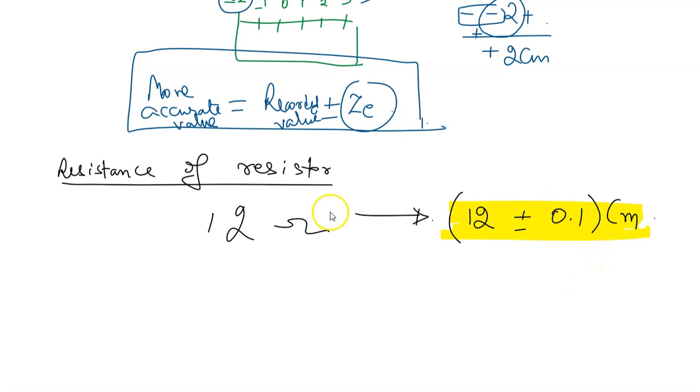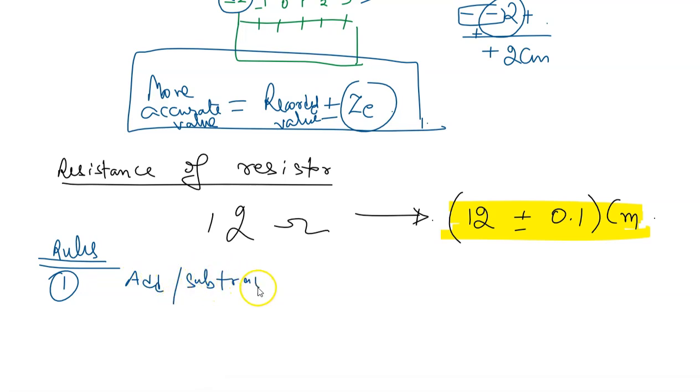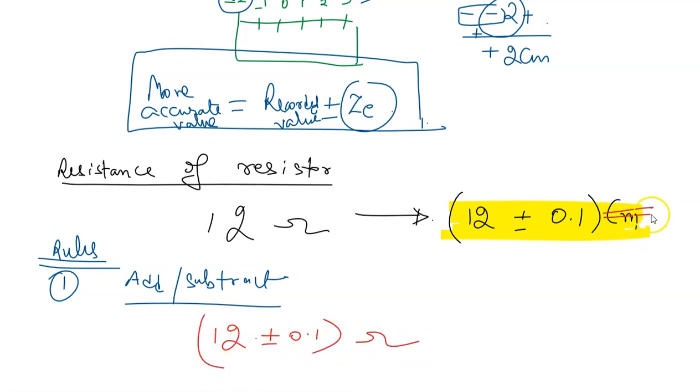So before looking at the examples to understand better, let us remember the two rules. These are the important rules. One, if I want to add two quantities, add or subtract, again this follows the same rule. So if I want to add or subtract, let's say, two resistors, one is having 12 plus minus 0.1 ohm, and another resistor, this is R1, and another resistor having resistance 5 plus minus 0.2 ohm.